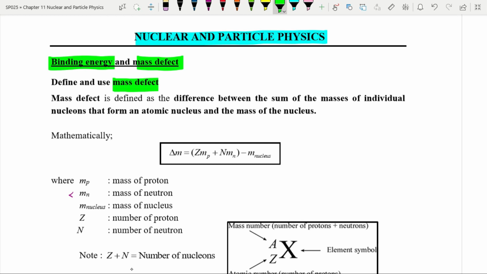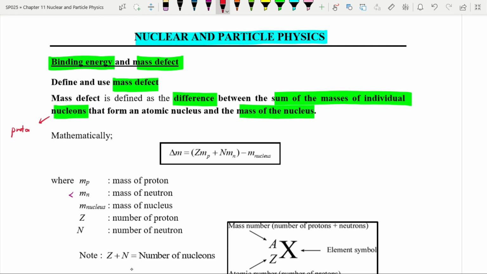Mass defect is the difference in mass between the sum of masses of individual nucleons and the mass of the nucleus. So we have to total up the mass of individual nucleons, that consist of proton plus neutron. We know that in the nucleus there are protons and neutrons.